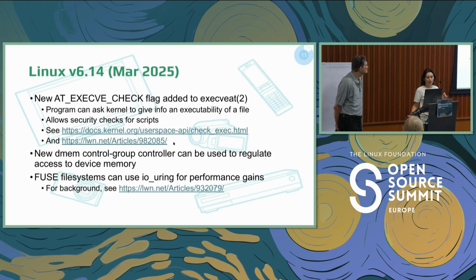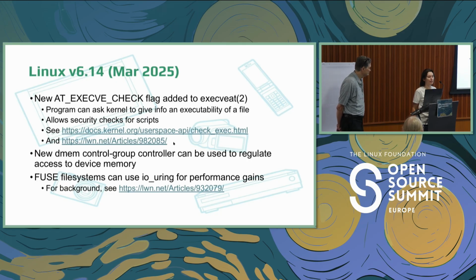Yeah. 14 March. The new execveat AT_EXECVE_CHECK, when I'm reading this one, I'm always thinking about security. But well, naming, as we know, is a complicated problem. So a program can ask the kernel to give information if a file is executable or not.